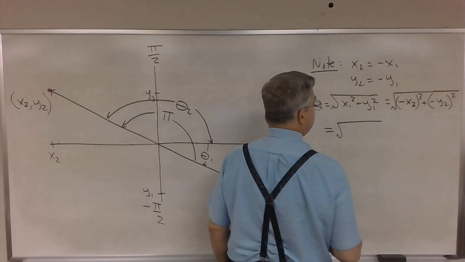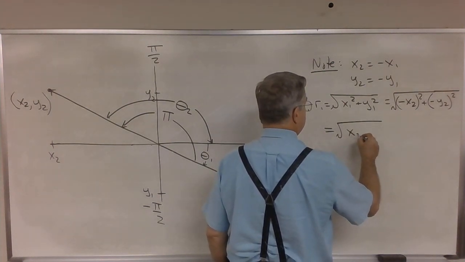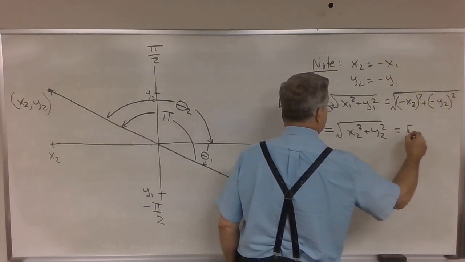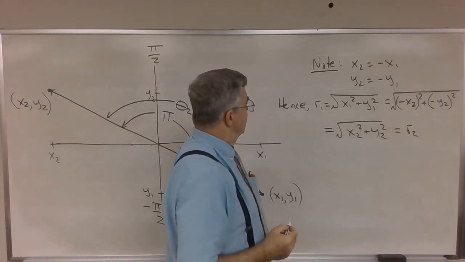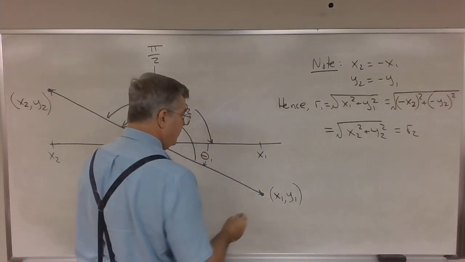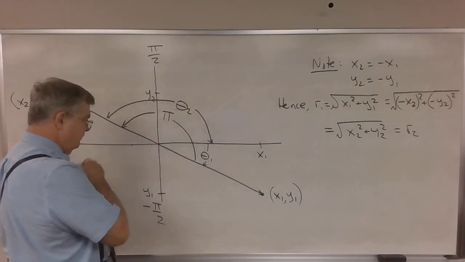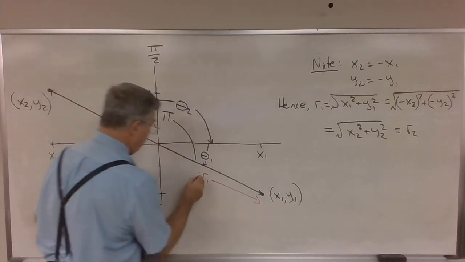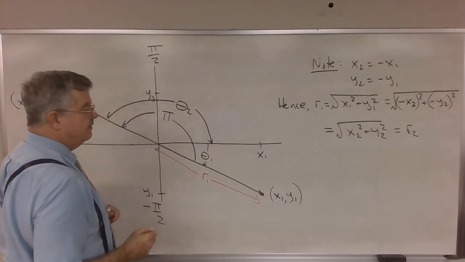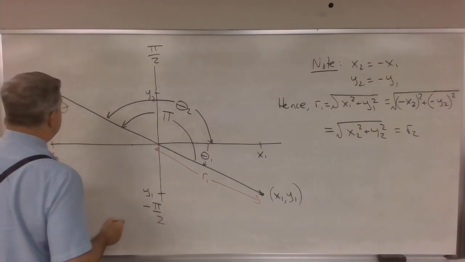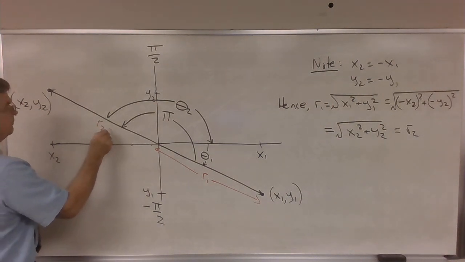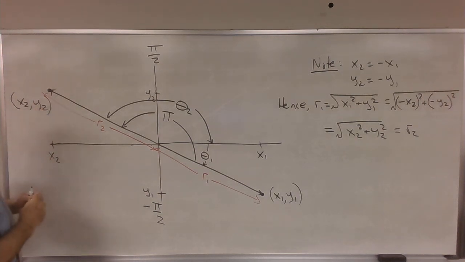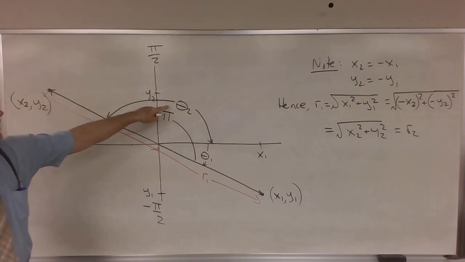Well, we square a negative number, we get something positive. So the modulus of this point R1 theta 1 is equal to the modulus of this point R2 theta 2.